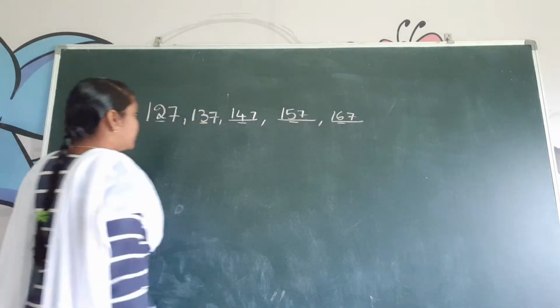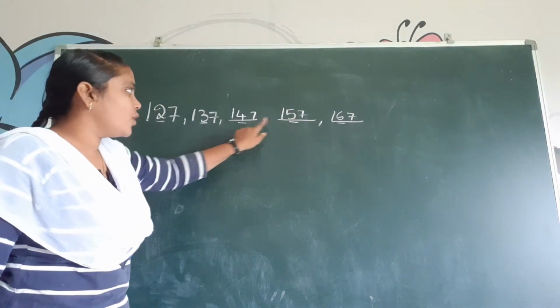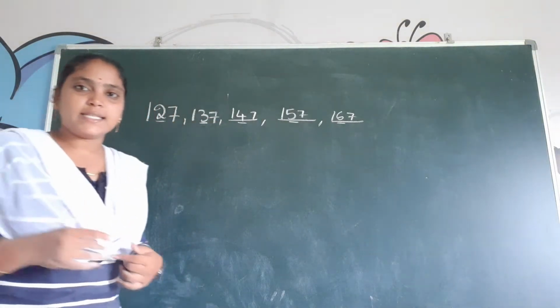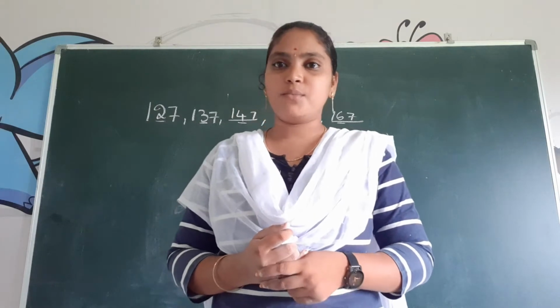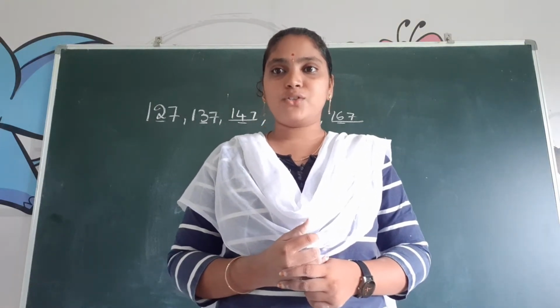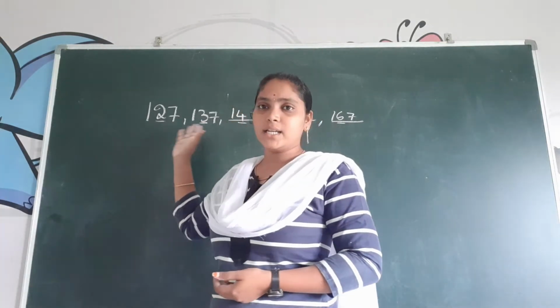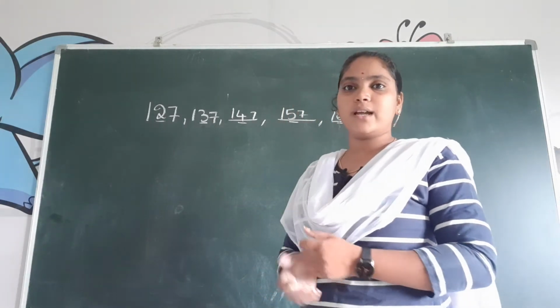In the tens place: 2, 3, 4, 5, 6. While writing 10 more numbers, the digit in the tens place becomes one more. Here while adding 10 more, only the tens place increases by one, children.